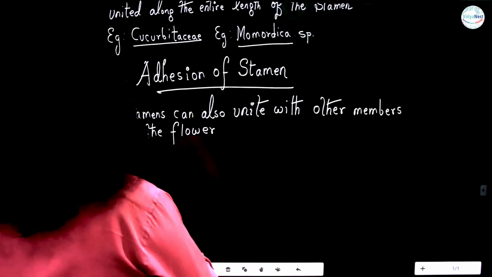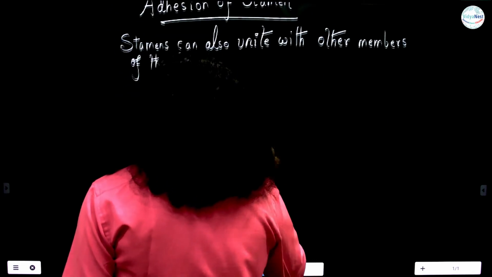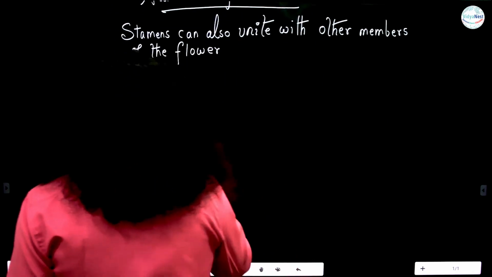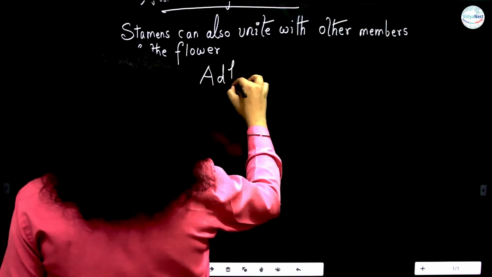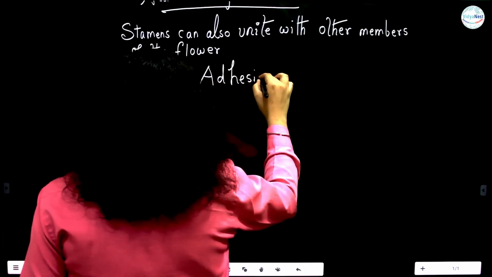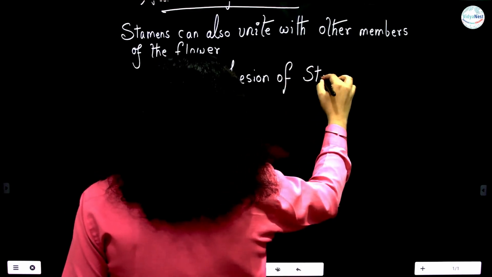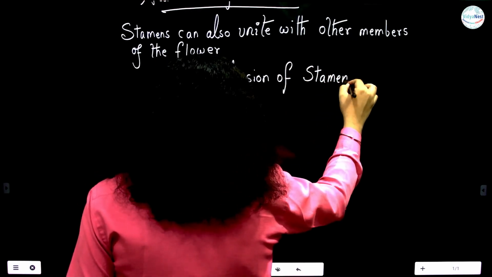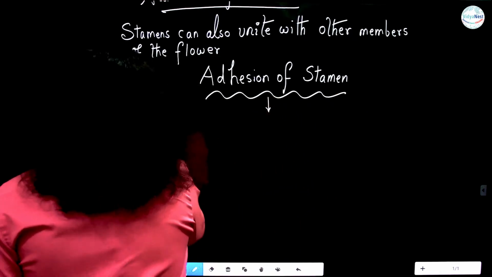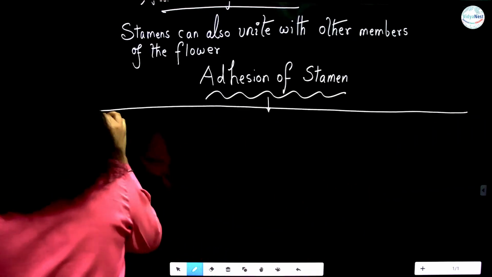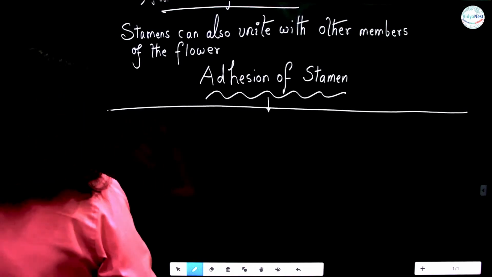Clear? Now, adhesion of flowers can be of following type. Adhesion of stamen can be of following type. Number one is epipetalous.